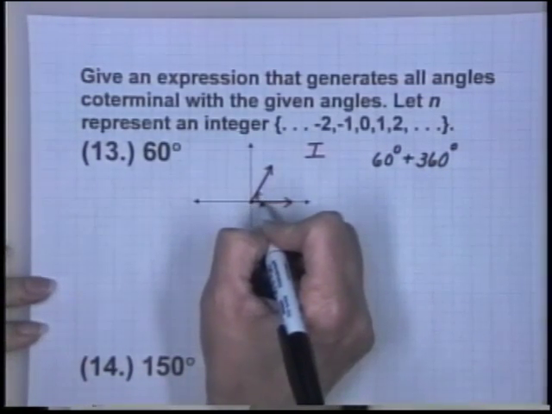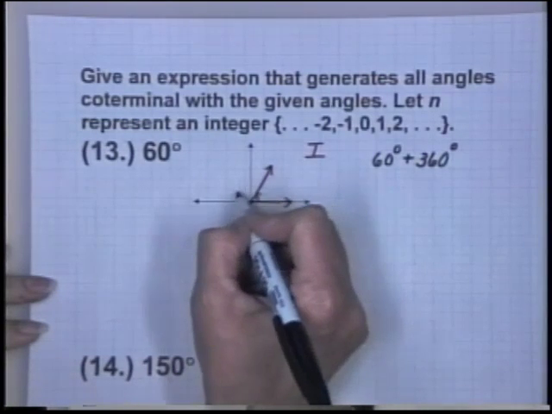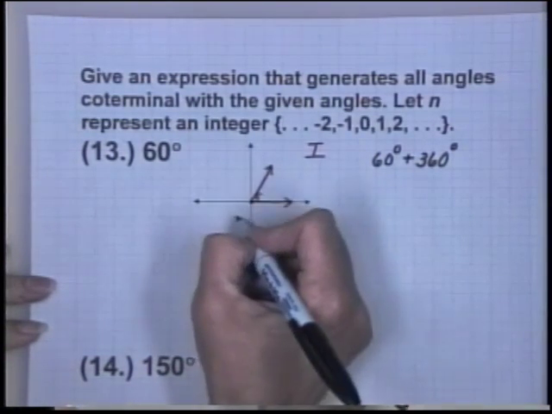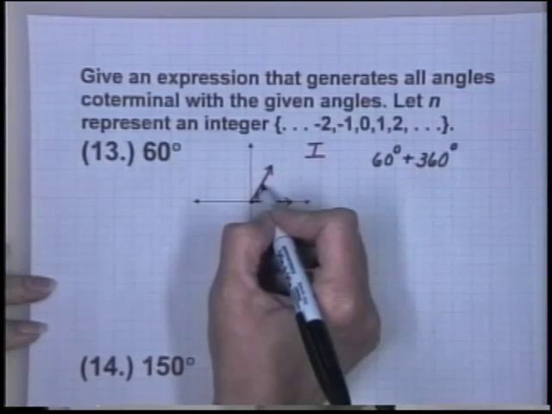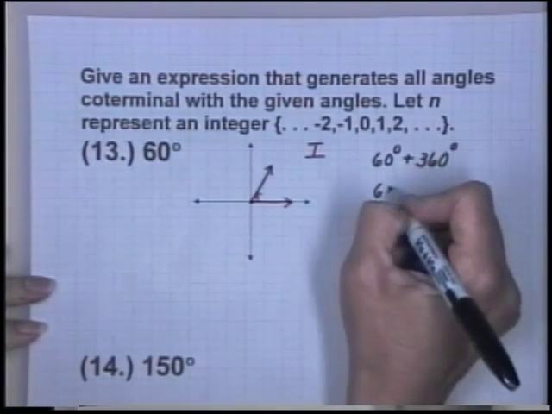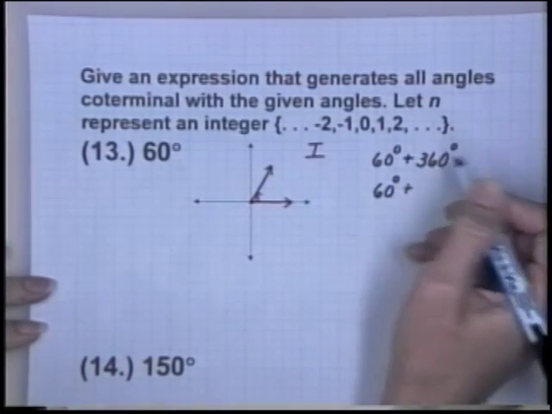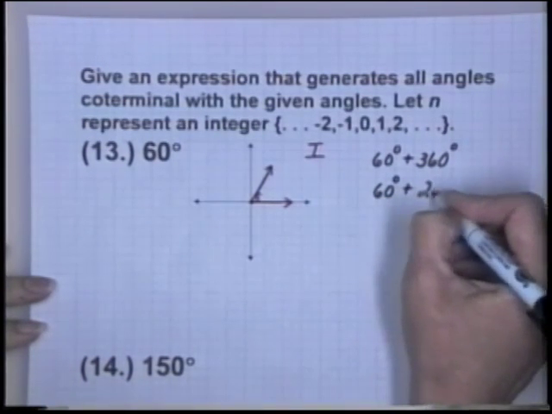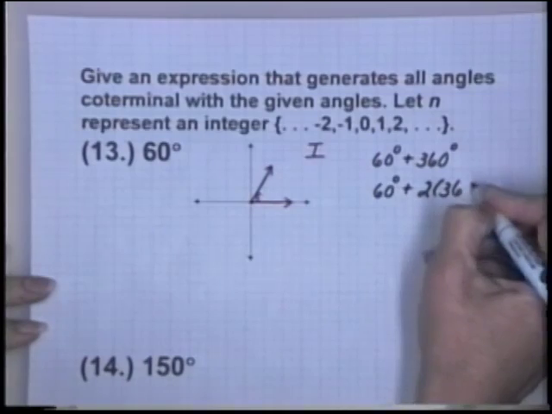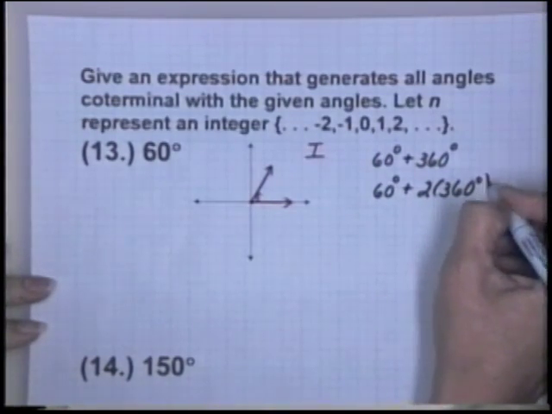If we wanted another positive angle, we would go around once, we would go around twice, and then rotate 60 degrees, which means that what we would do is take 60 and add to it 2 times 360.